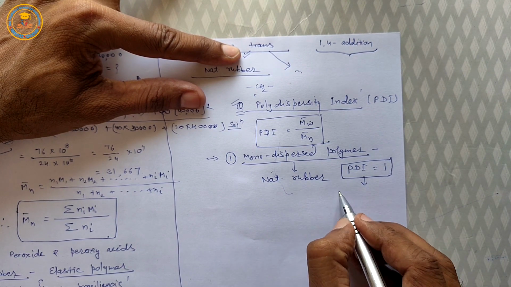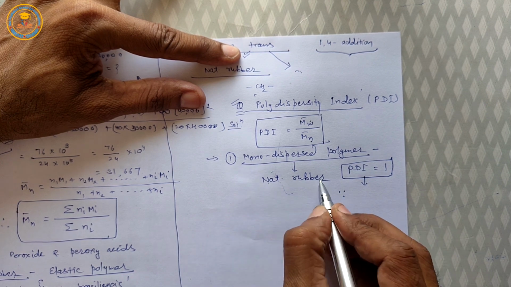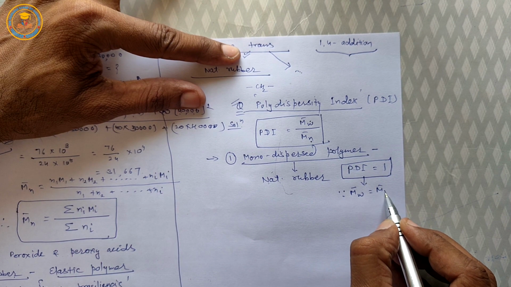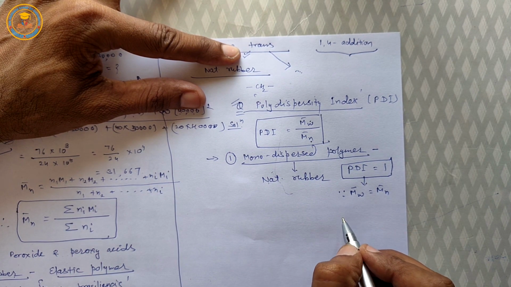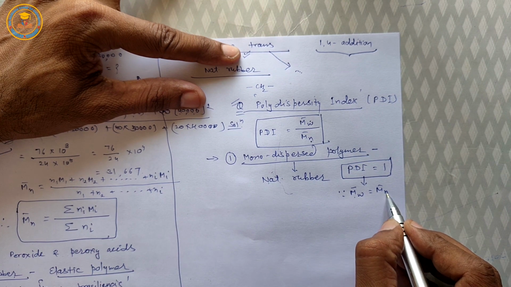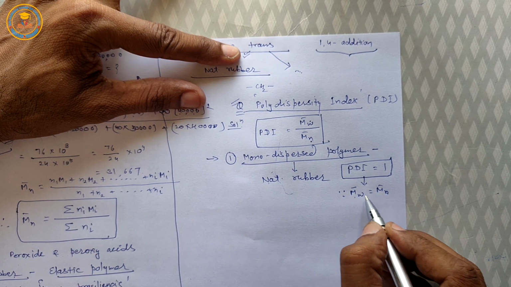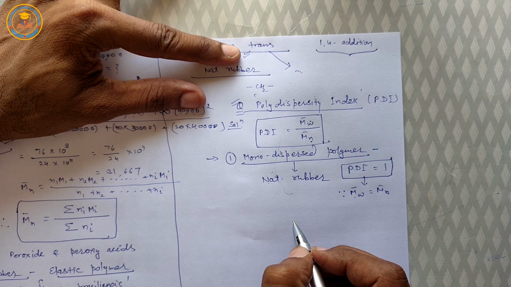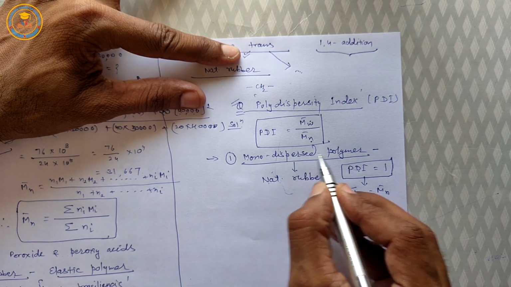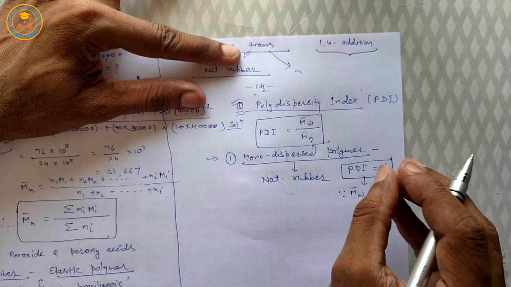Because for natural rubber, M bar W is equal to M bar N, or we can say that the value of M bar W and the value of M bar N are both the same. So PDI value for natural rubber or monodispersed polymer is unity.